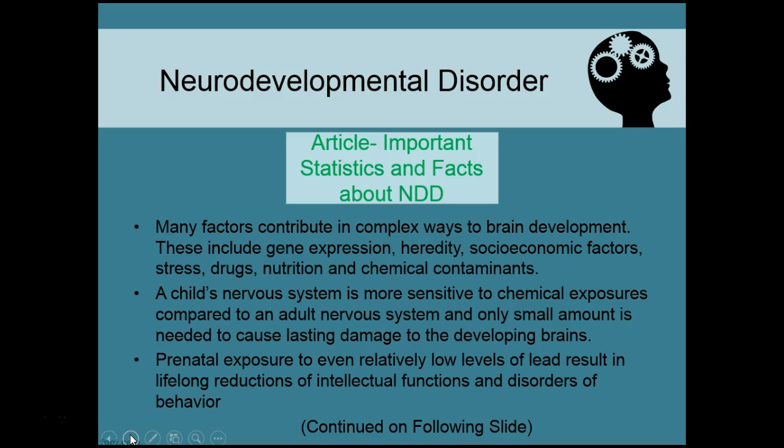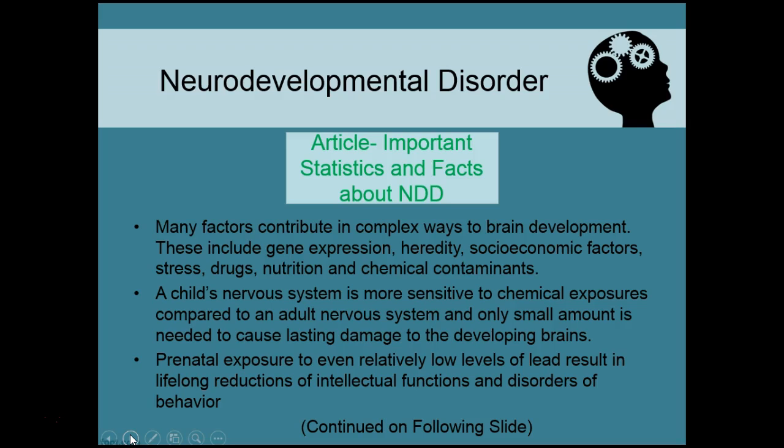According to the article, Neurodevelopmental Disorders in Children, Autism, and ADHD, many factors contribute in complex ways to brain development. These include gene expression, heredity, socioeconomic factors, stress, drugs, nutrition, and chemical contaminants.